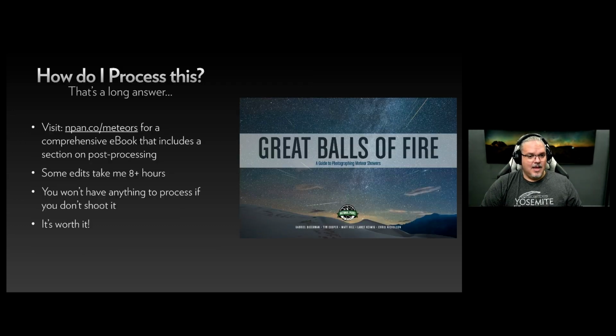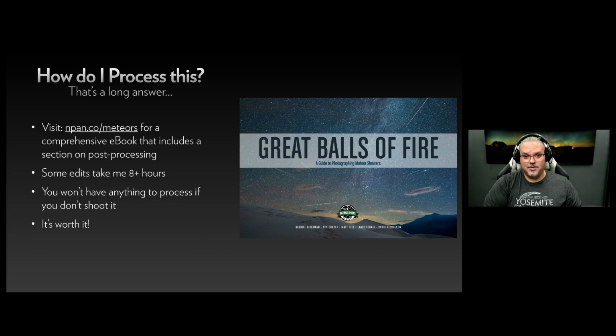All right, so here's the big question. How do I process this? Well, the answer to that is pretty long. It requires pretty deep knowledge of the tools in Photoshop, and it takes a while to explain. At National Parks at Night, we put together an ebook that you can download.